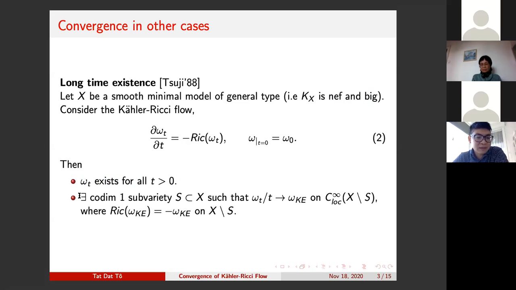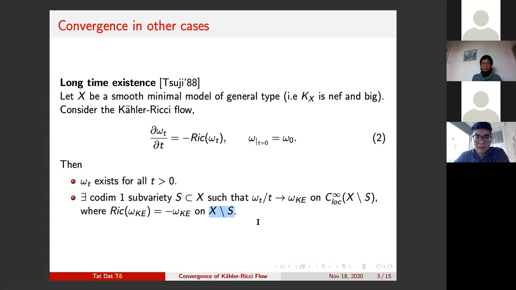But the main thing is that there exists a subvariety S of codimension 1 in X such that the normalization of the flow will converge to a Kähler-Einstein metric defined on the complement of S, I mean the open Zariski set X minus S. Here the metric omega_KE satisfies the Einstein equation, Ricci of omega_KE equals minus omega_KE on this open Zariski set.